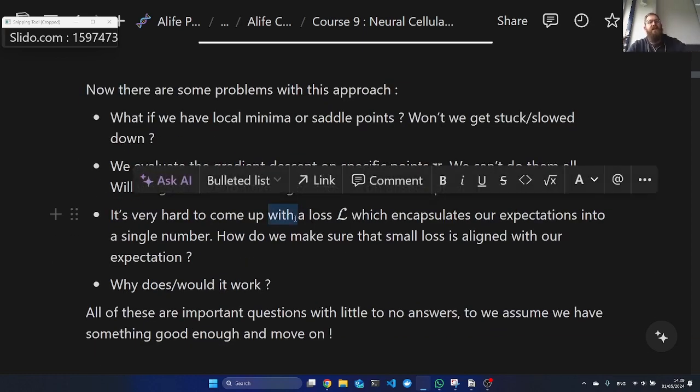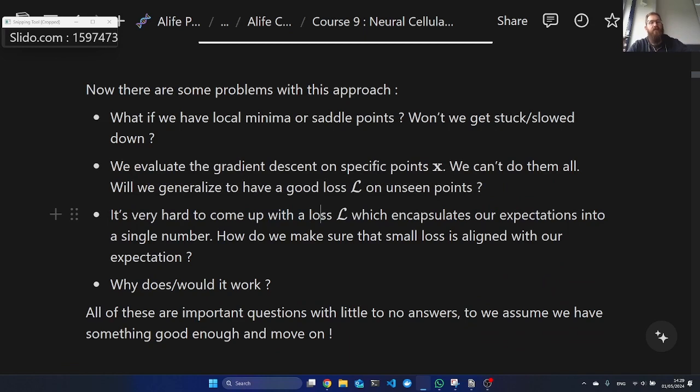Then another problem is that, depending on the problem, it's often very hard to come up with a loss which really encapsulates what we want to do with the neural network in a single number. We have to assign a single number, the score of how well it behaved. So how do we make sure that a small loss is well aligned with what we want the neural network to do?